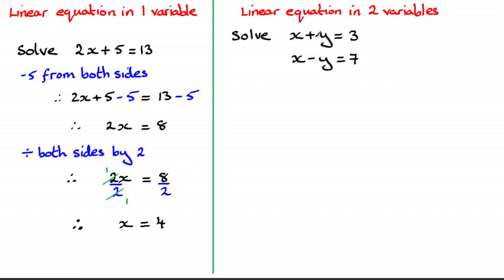And if the other one is not a multiple of the previous one, we will get a unique solution. So the idea of a simultaneous equation is that we're looking for a pair of values that work for both of them. So 3 and 0 works for the first one, which indeed it does, x is 3 plus y, which is 0, gives us 3. But 3 take away 0 doesn't give us 7.